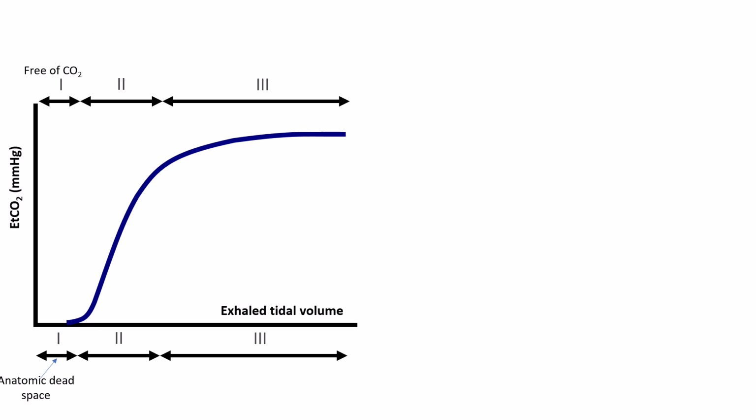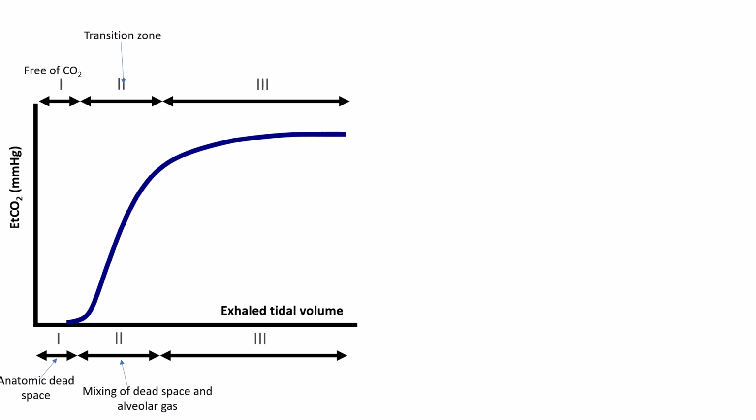exhaled volume. As the exhalation continues, the gas from the alveoli begins to mix with the dead space gas. Since the alveolar gas contains CO2, the CO2 concentration begins to rise. On the volumetric capnogram, this phase shows a steep upward slope indicating a rapid increase in CO2 concentration as more alveolar gas reaches the sensor.